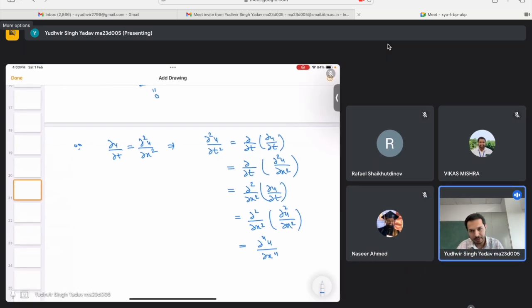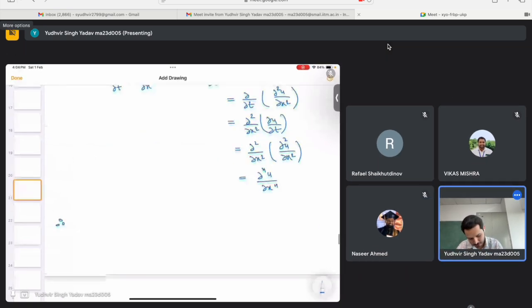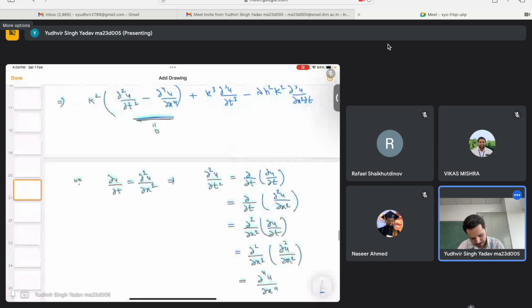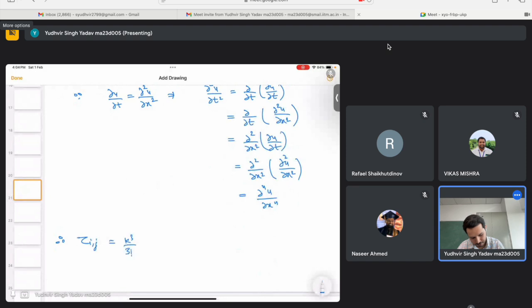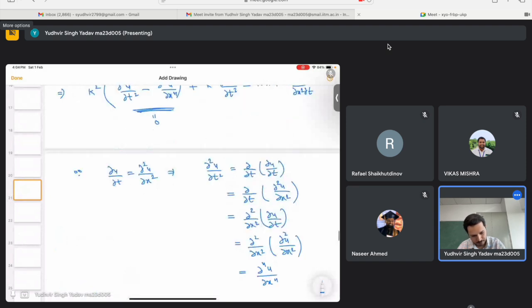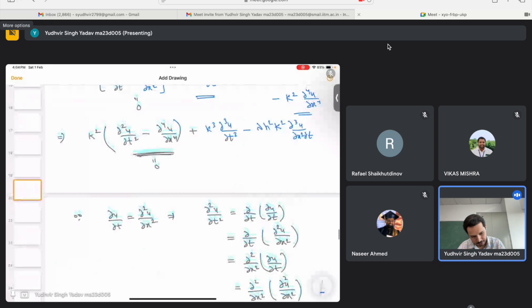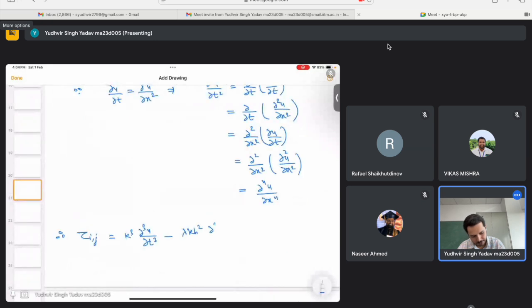Therefore, we will be left with k³ ∂³u/∂t³ and λ k h² ∂³u/∂x²∂t.